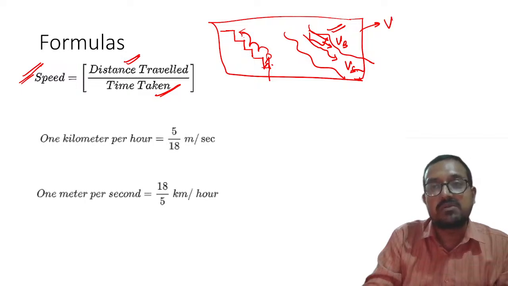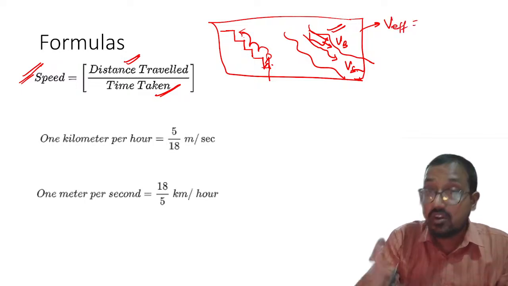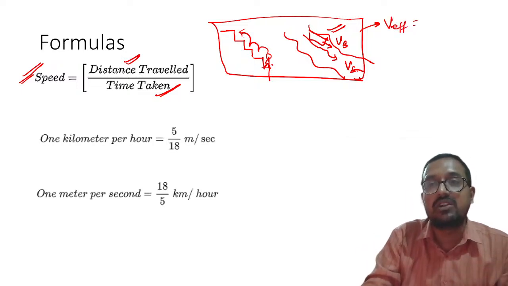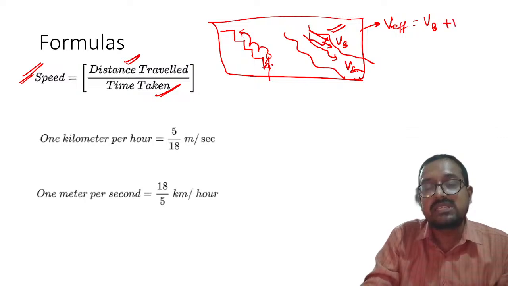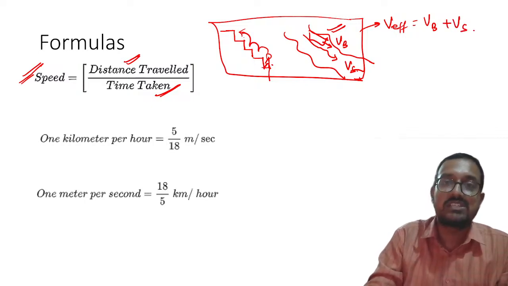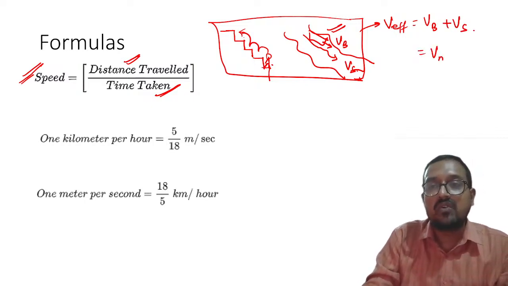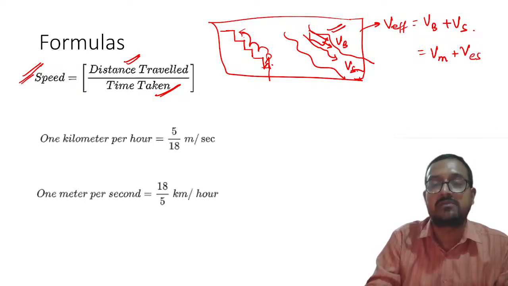In this case, please remember, V effective, not relative, will be equal to VB plus VS. Understood this thing? Or V of man plus V of escalator, when both are in the same direction, right?